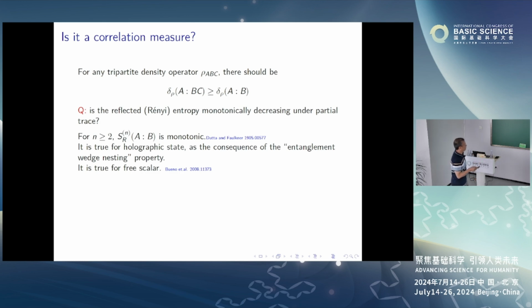That is called the monotonically decreasing property under partial trace. So the question is: is the reflected entropy also monotonically decreasing under partial trace?